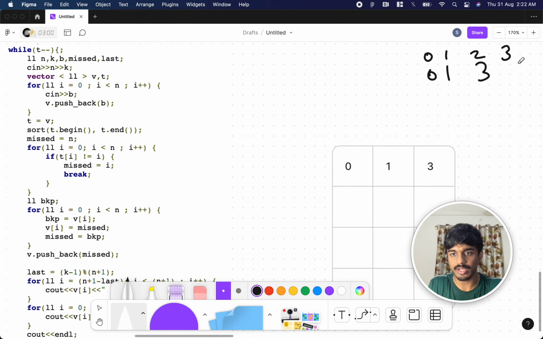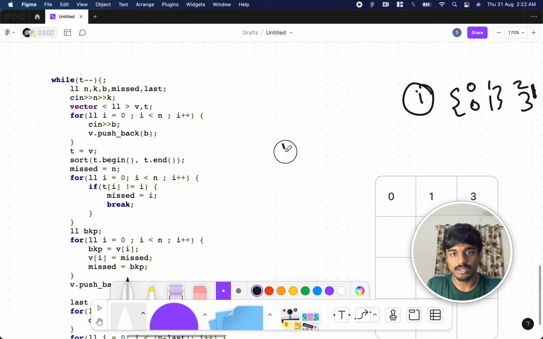This is the same, this is the same, and here there is a mismatch. If there is a mismatch, I take the i value, that is the MEX value, the smallest missing non-negative integer. So the missed value is 2.